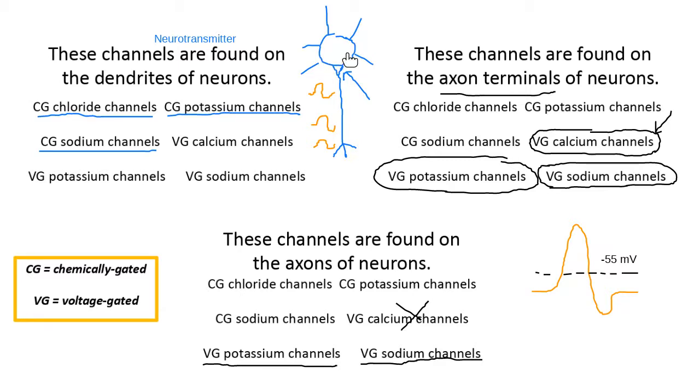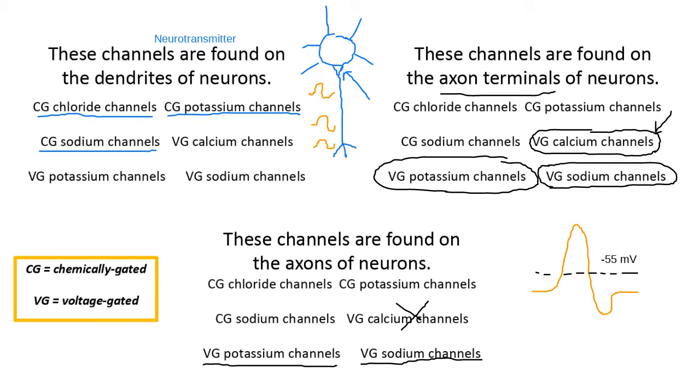All of the ion stuff that goes on here from the dendrites in the cell body, I mix all of that together to see what happens to my membrane charge here in the Axon Hillock. If I get to -55, voltage-gated channels here will open up, and then I'll send that message down this direction using those voltage-gated channels.